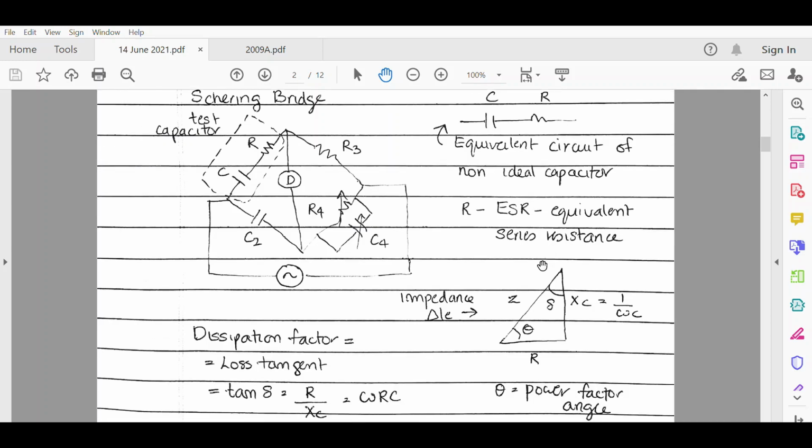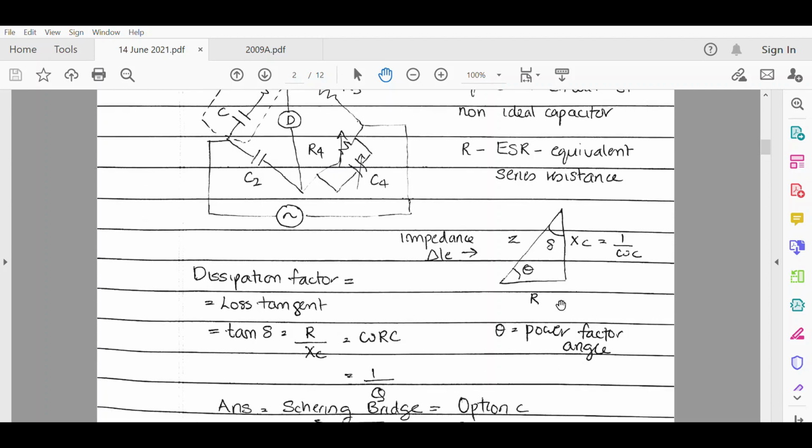Now for an ideal capacitor, the value of this resistance would be 0. Now we can consider the impedance triangle according to this circuit. Over here the hypotenuse would be nothing but the impedance of the circuit, the adjacent side would be R, and the opposite side would be the capacitive reactance. The angle between the resistance and the impedance would be the power factor angle, and the angle opposite to it would be delta.